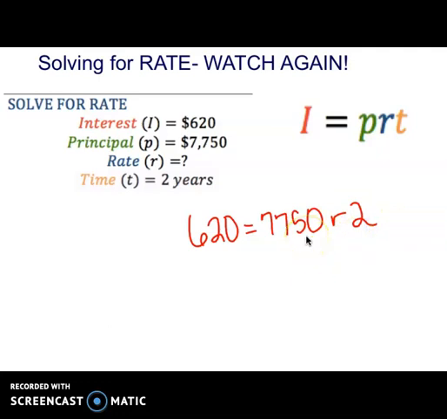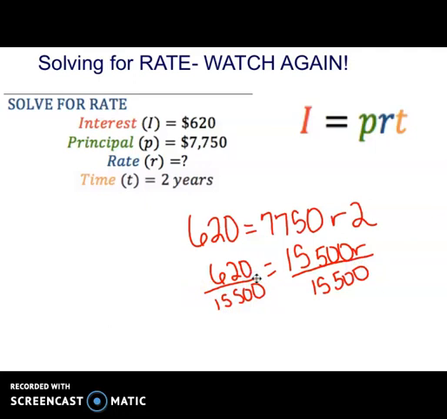So we're going to simplify. 7,750 times 2 gives me 15,500 R equals 620. Okay, now it's my one-step equation. I divide by 15,500 on both sides.